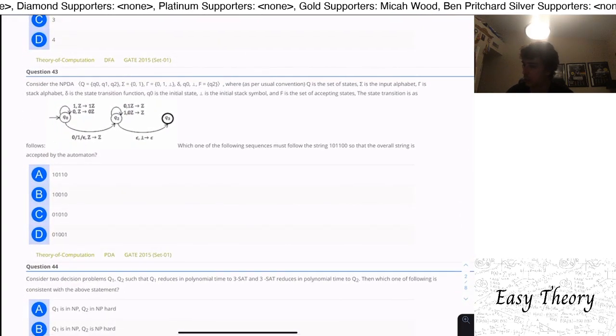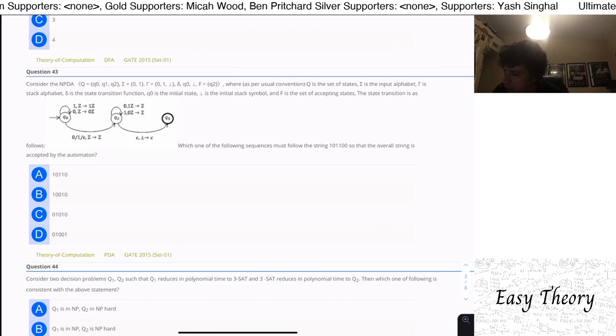Given a non-deterministic PDA, where Q is a set of states, we have a state transition here. Which of the following sequences must follow the string 101100 such that the overall string is accepted by the automaton?